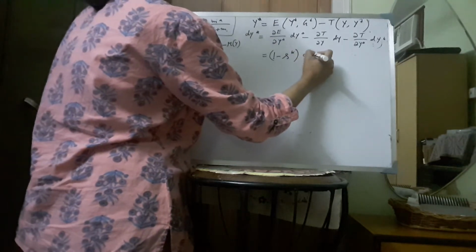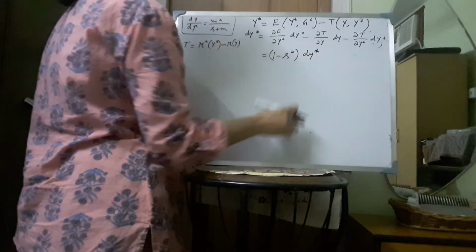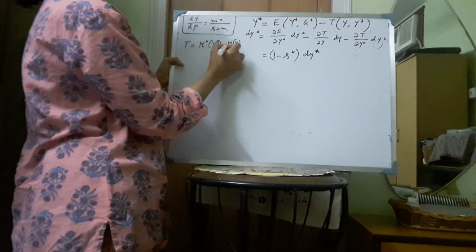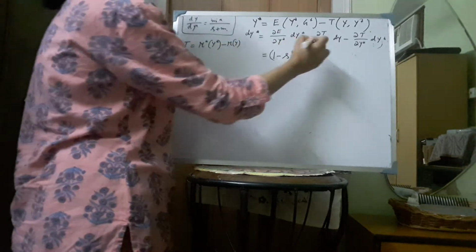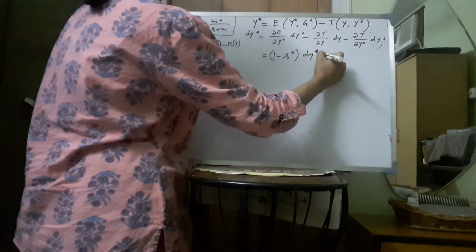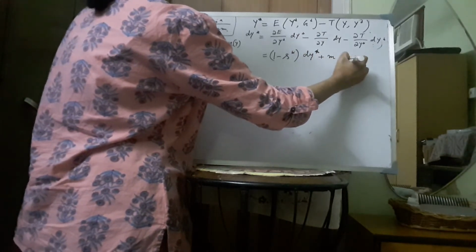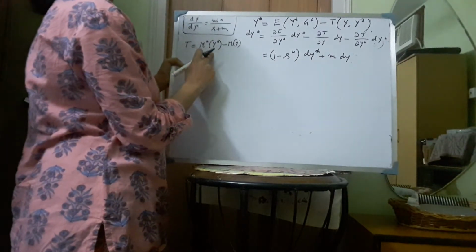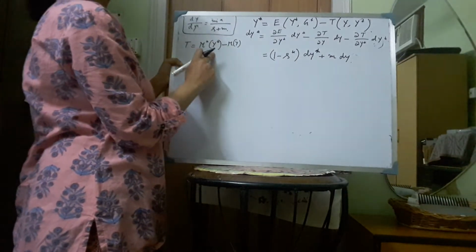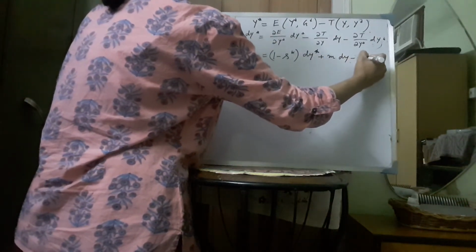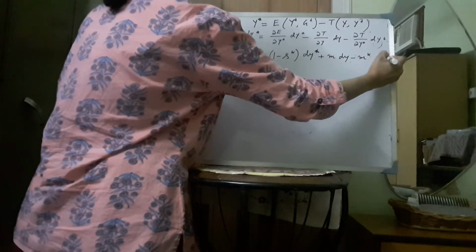Then we have dy star. Then what is del T del y? Del T del y is minus M. So here there is a negative sign, so this will be equal to plus M dy. Now what is del T del y star? Del T del y star is M star from here. So there is a negative sign here, so this is minus M star dy star.